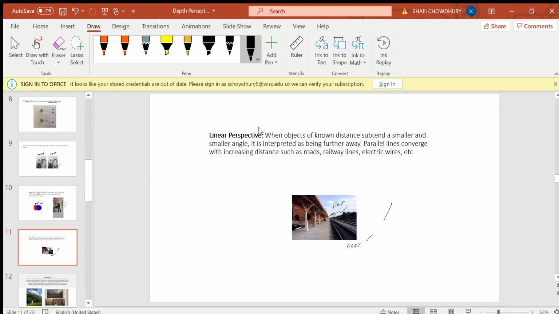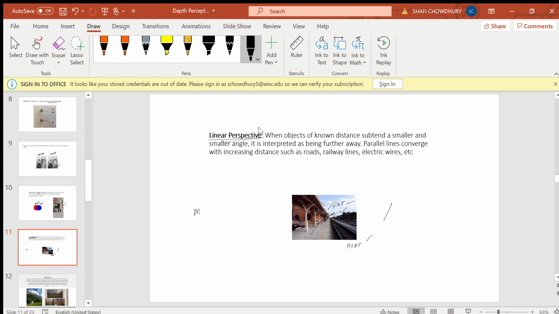Same thing here. You see the platform of this station, and this is the roof of the station. So you see they are getting nearer vertically. This is horizontally, this is vertically. So from all directions you see things get closer as you look further. So this is another very powerful retinal cue, that is the linear perspective. And all these are monocular cues.